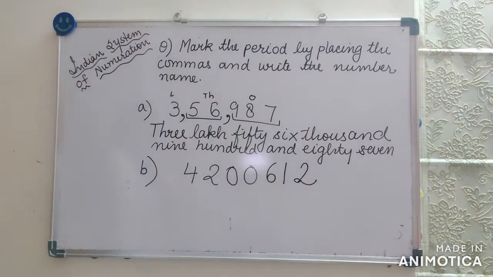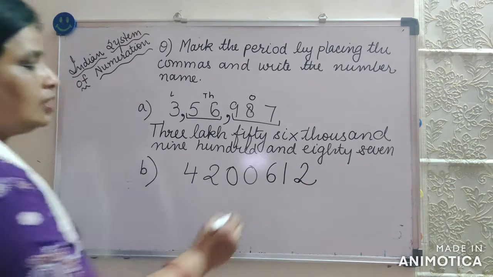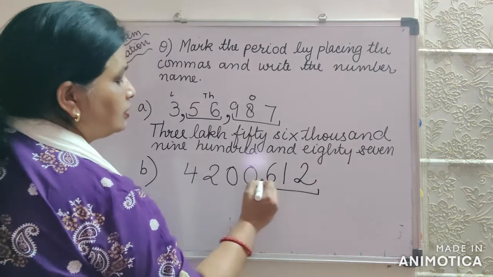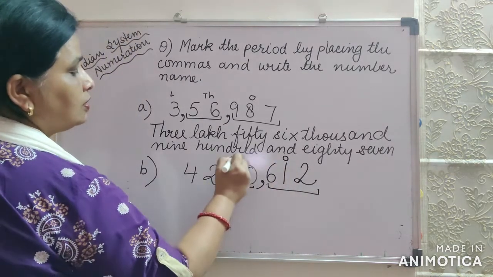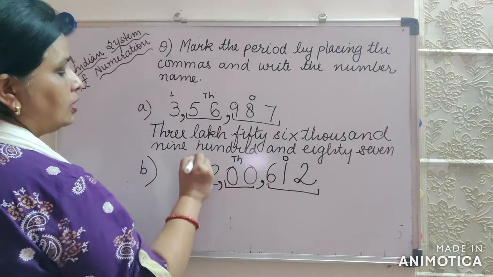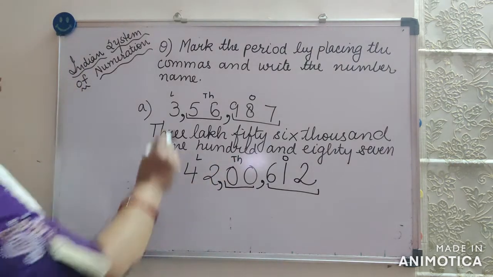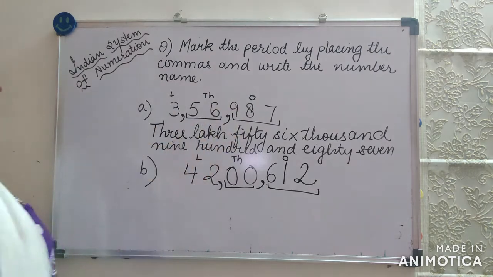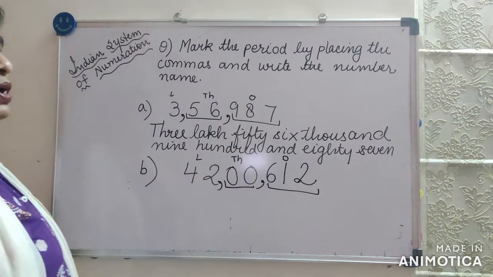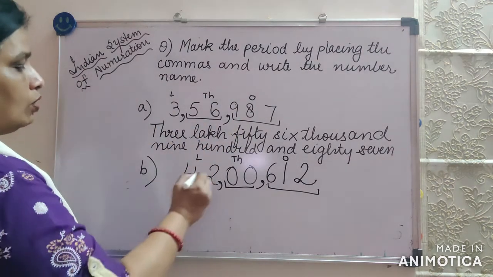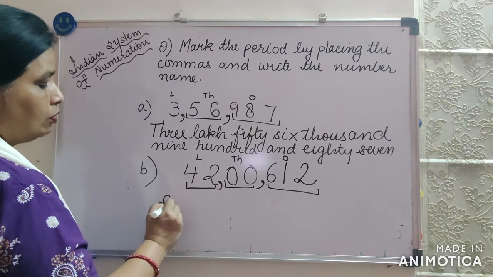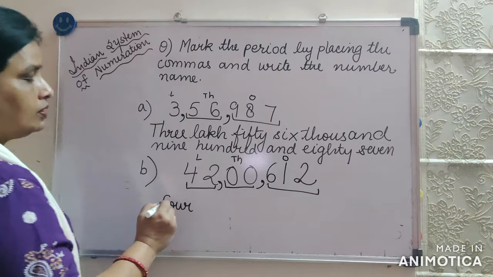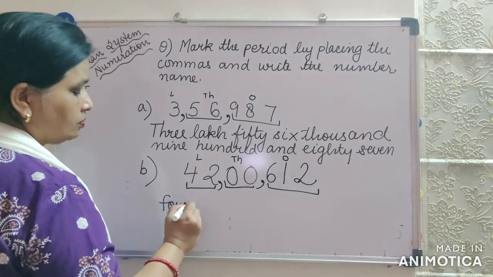Now just see the next example. Again, first thing, before 3 places, just separate the ones period. Now this one is thousand, so place the comma here, and this one is lakhs. So children, if you want, you can write it down like this so that it will be easy for you. Now here 42 lakh, because both numbers are of the same period, you will just read them out together.